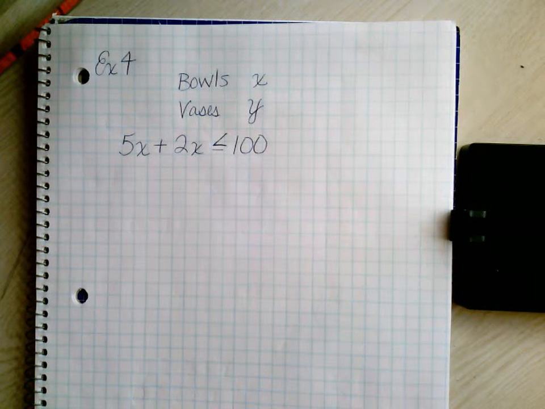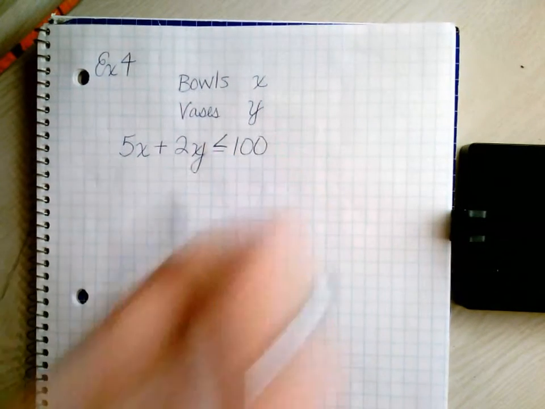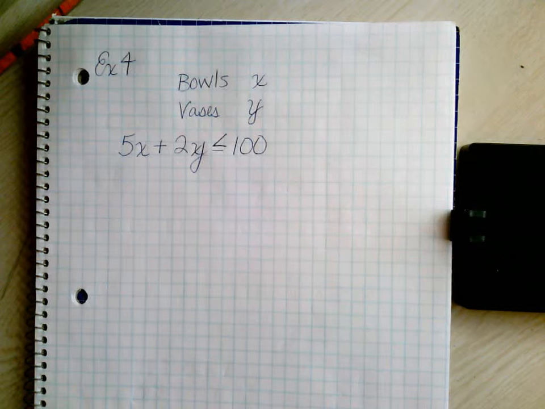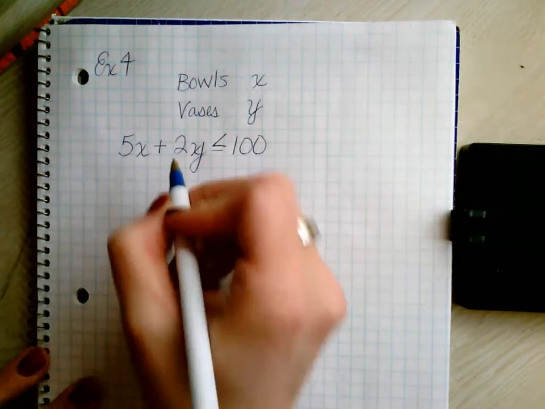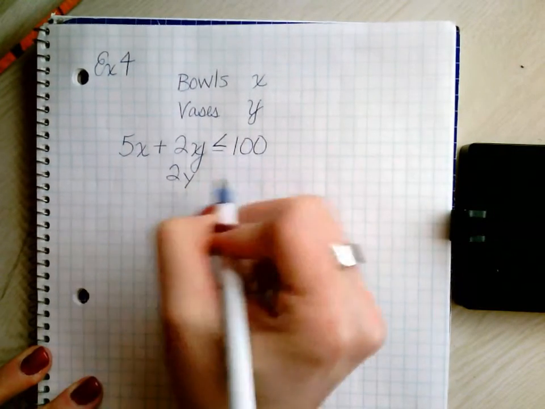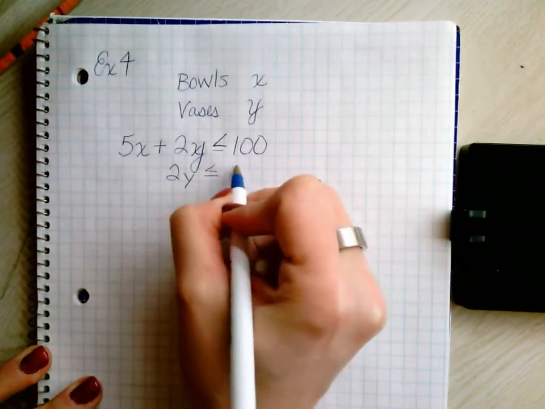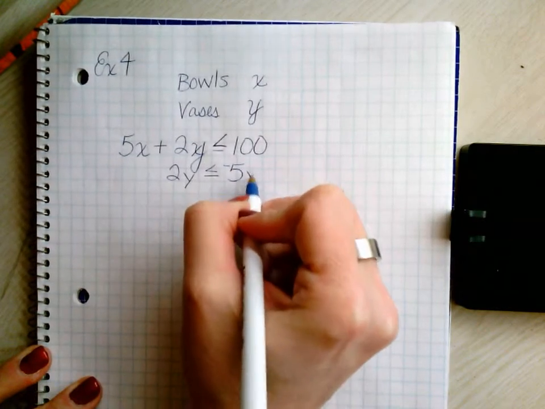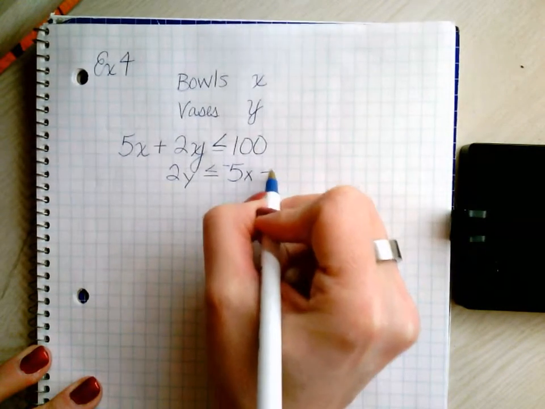So first, we're going to make it into y equals mx plus b form in order to graph it, okay? To do that, I'm going to subtract my 5x. 2y is less than or equal to negative 5x plus 100.